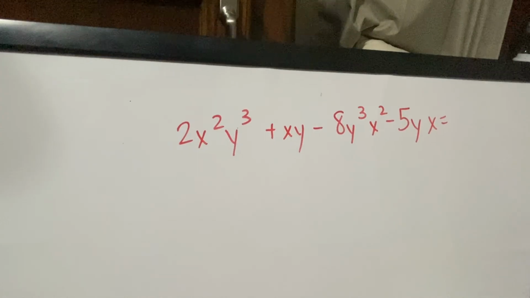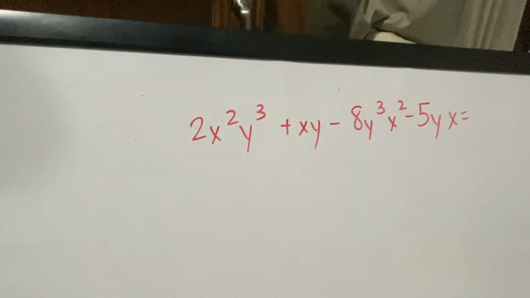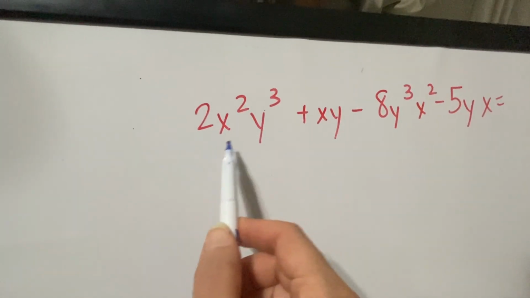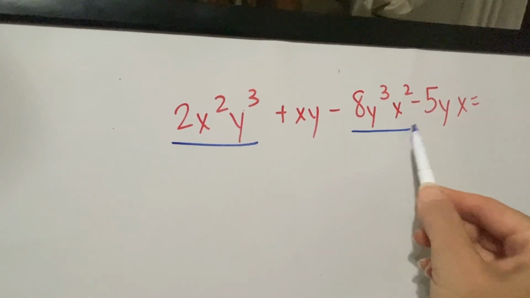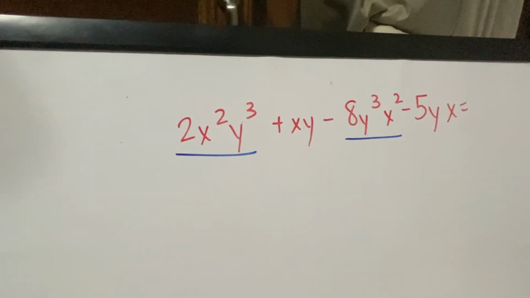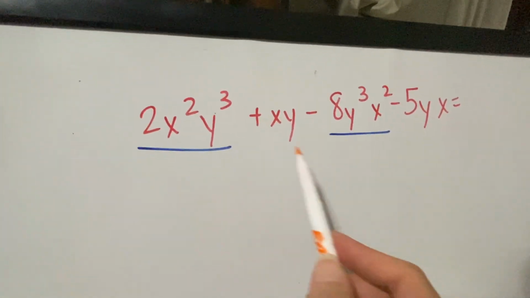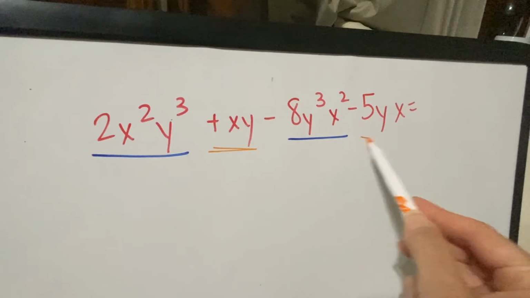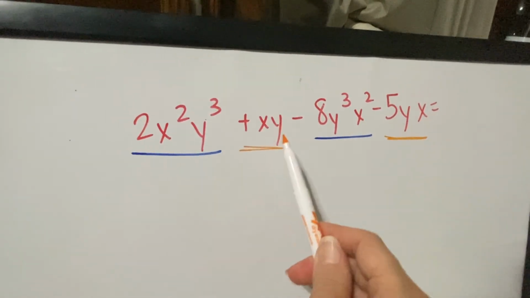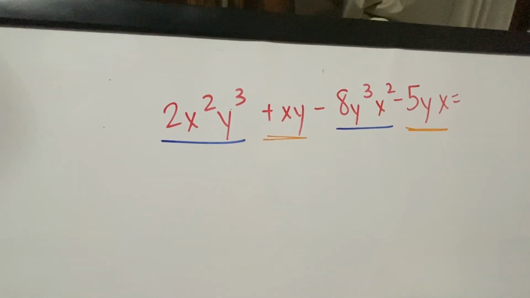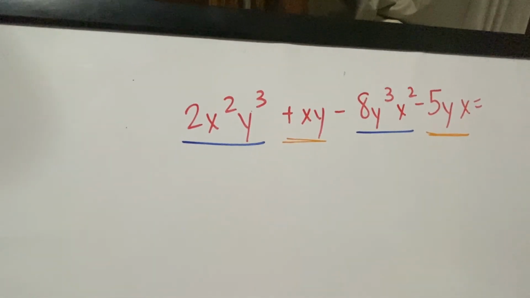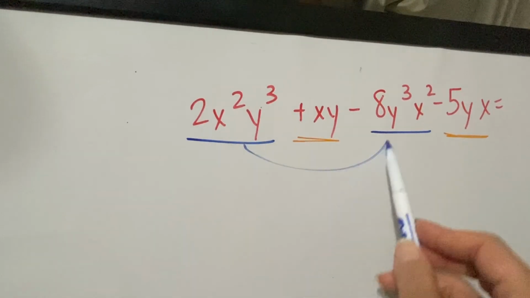Okay, so our like terms in this problem, this x squared y cubed, okay, there's one here, oh, and there's one right here. Okay, so those are alike. And then we have an xy and a yx. Remember, it doesn't matter which order those things are in, they're the same. Okay, so we are going to say, let's add these two guys together.